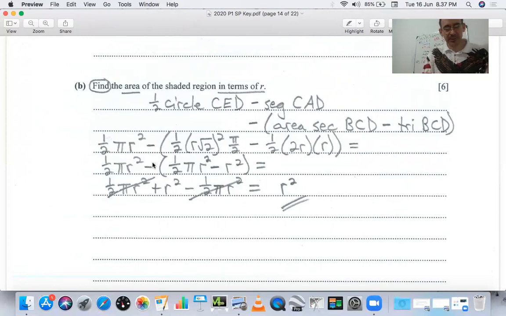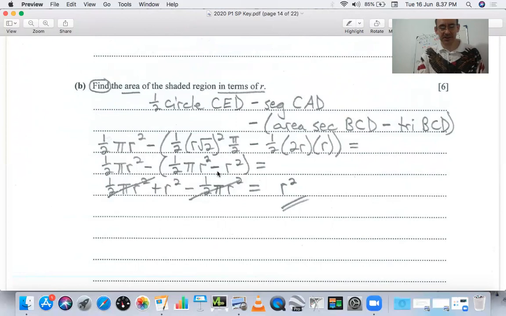Now we're distributing this negative. Remember, it's very important you pay attention to these parentheses so that when you distribute the negative, it applies to both terms. So here we have 1/2 pi r squared from the front, minus 1/2 pi r squared right here.